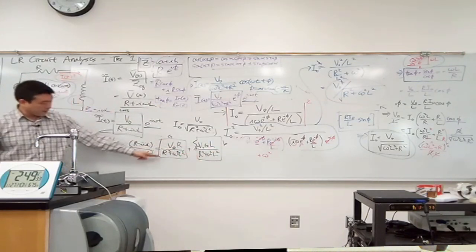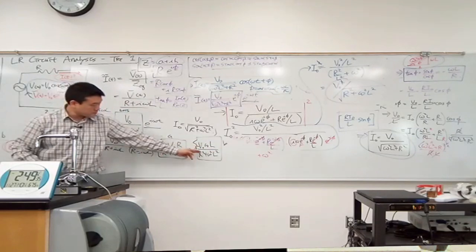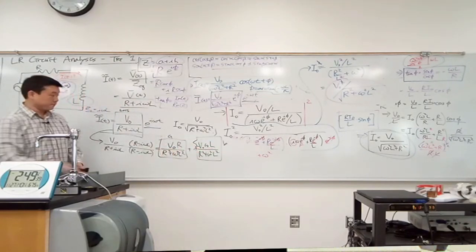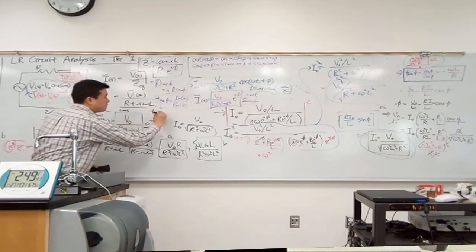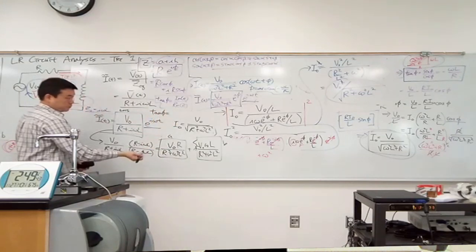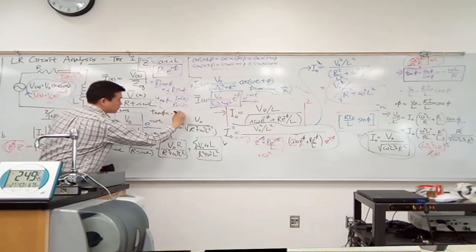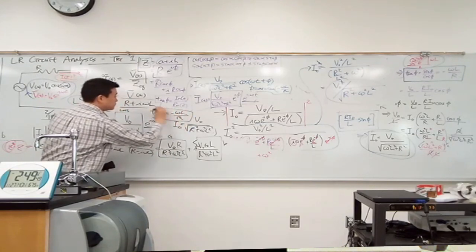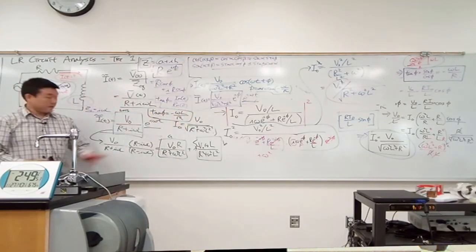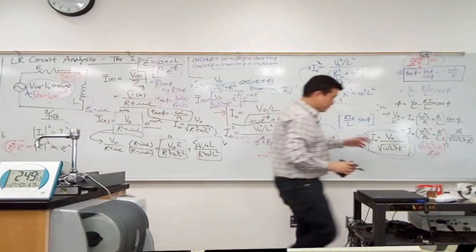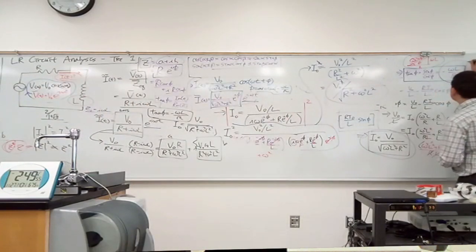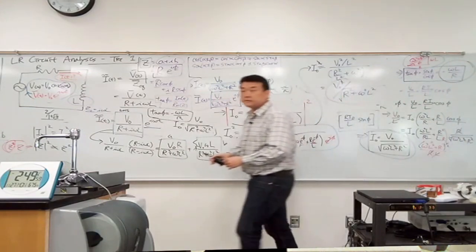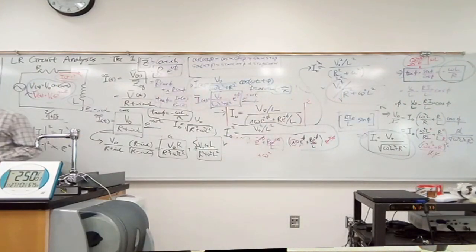The denominator will cancel out, V naught will cancel out, and you'll get only omega L and R. So doing that, you'll get tangent of phi equal to minus omega L over R. And if you look back to our earlier result, that's the same result we got earlier with a much more complicated method. Or I guess a much more time-consuming method.